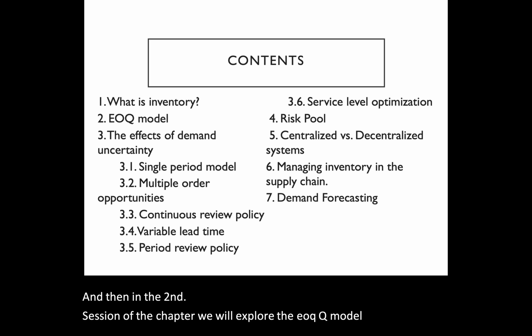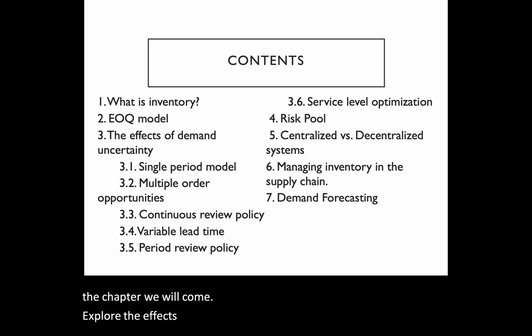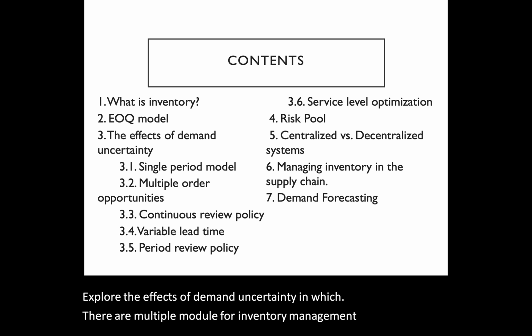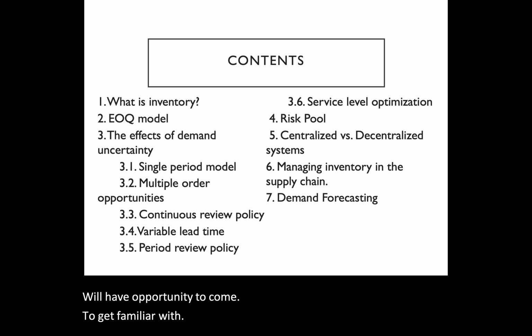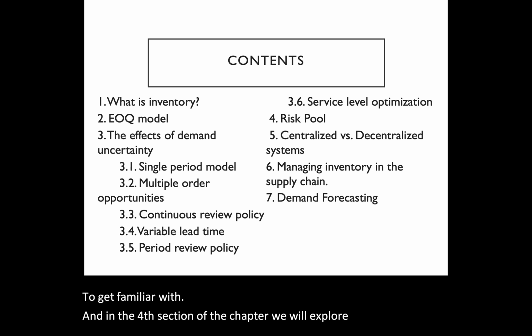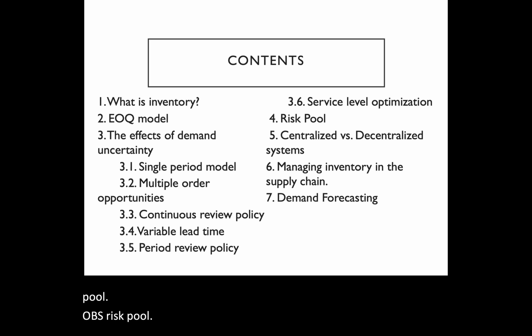In the third session of the chapter, we will explore the effects of demand uncertainty, in which there are multiple models for inventory management that we will have opportunity to get familiar with. And in the fourth section of the chapter, we will explore the concept of risk pooling, as well as the centralized and decentralized system.